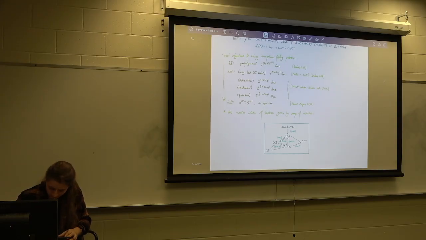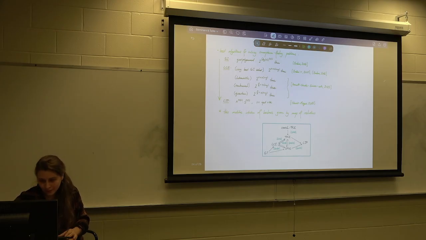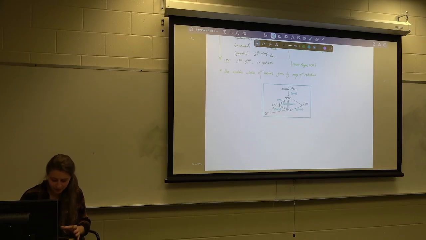So, okay. But how hard, okay, so I showed you how hard these are relative to each other, but how hard are they actually to solve in the grand scope of things?